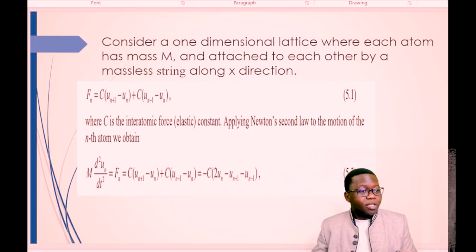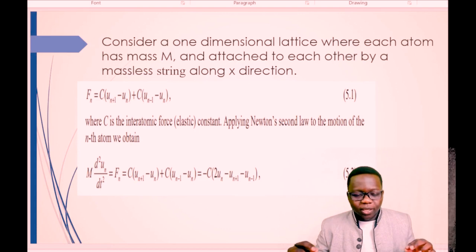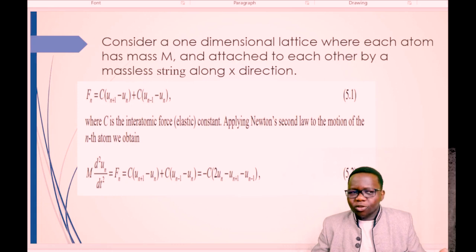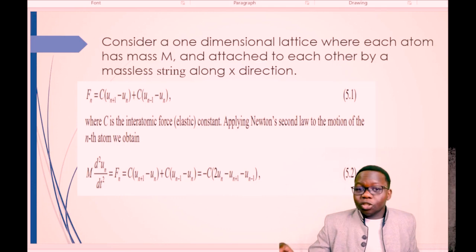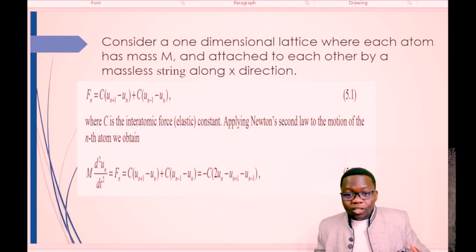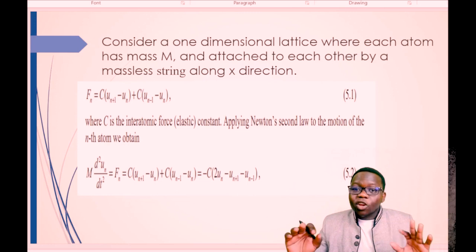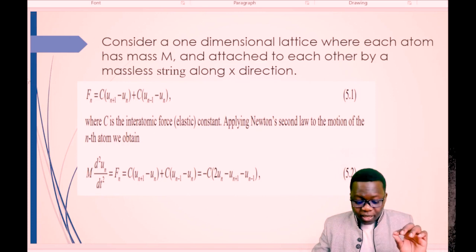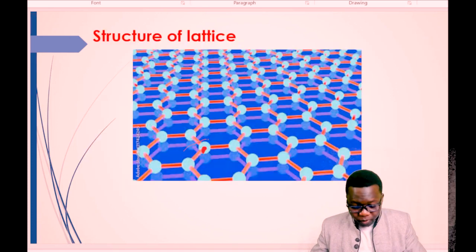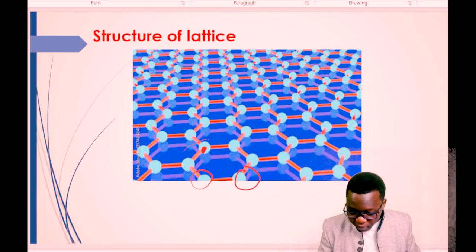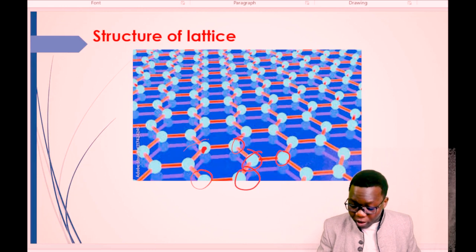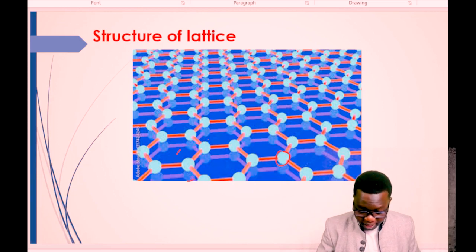We assume this because you can't even see these strings. When you study string theory, you discover many hidden things. In this case, we are just assuming that the strings holding atoms together don't have mass. They are massless, so we are ignoring them. We are only considering that these atoms being held together all have the same mass, which we've called m.